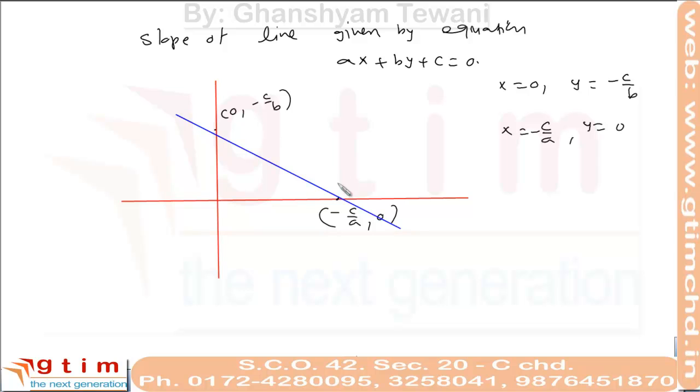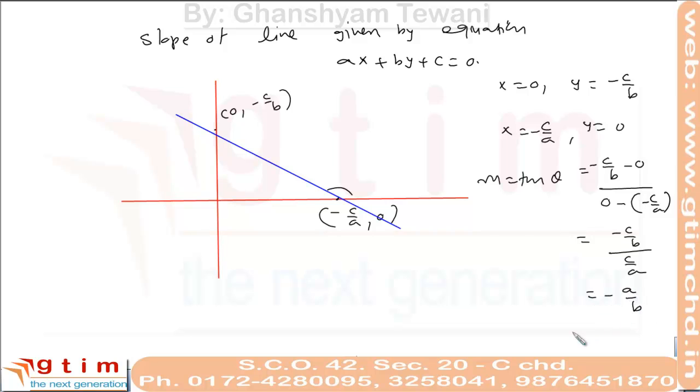Then the slope of this line is the difference of y coordinates, that is minus c upon b minus 0, upon the difference of x coordinates, that is 0 minus (minus c upon a). Then this is minus c upon b over c upon a, or minus a upon b.